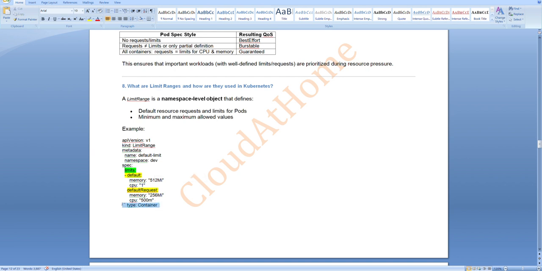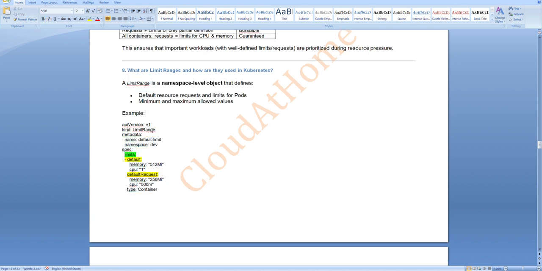Okay, and the type is container. So basically this is how you can define a limit range. Important thing to note, this is a different kind itself, an object itself. And the API version we use here is v1. And this is applied on the namespace level.